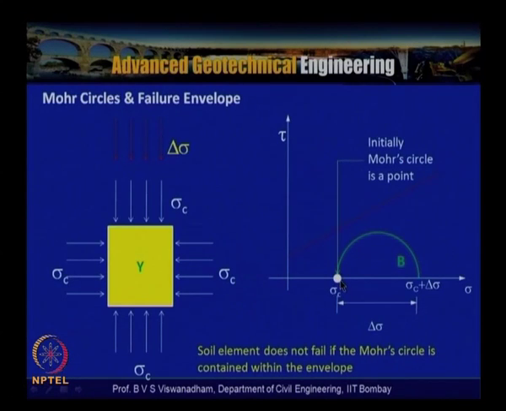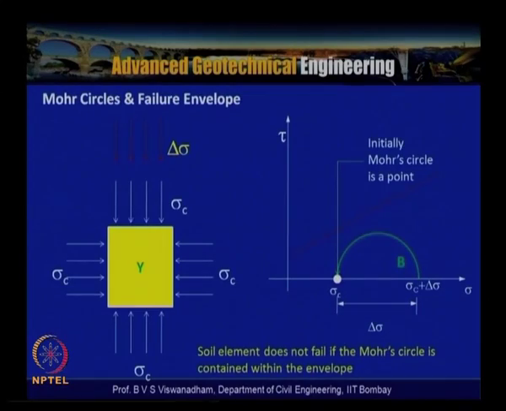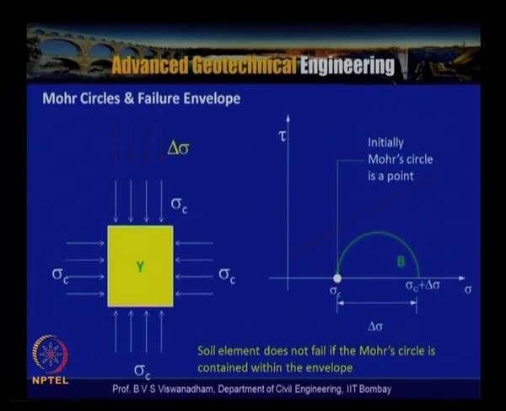Then with that pressure, we try to increase by delta sigma. This is possible when a certain element at a certain ground is subjected to an increase in pressure due to foundation loading or embankment construction.